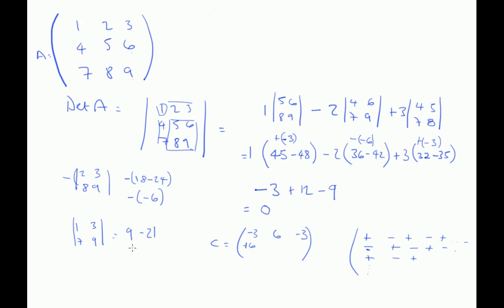So that gives us a value of 9 minus 21, which gives us minus 12. And that is in this location here, so that is positive, so plus minus 12 is minus 12 as the cofactor.